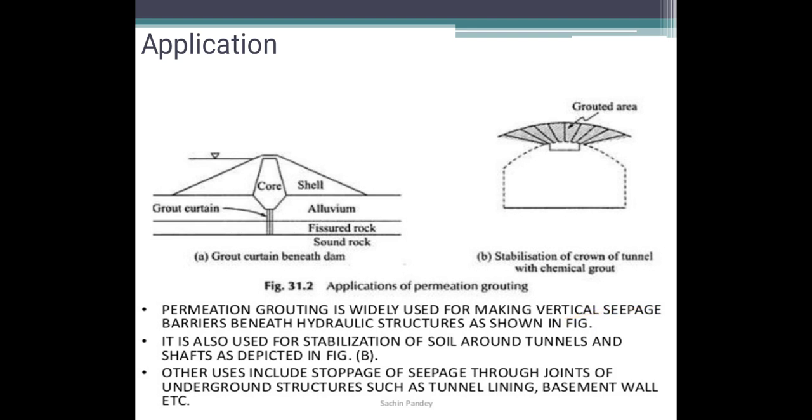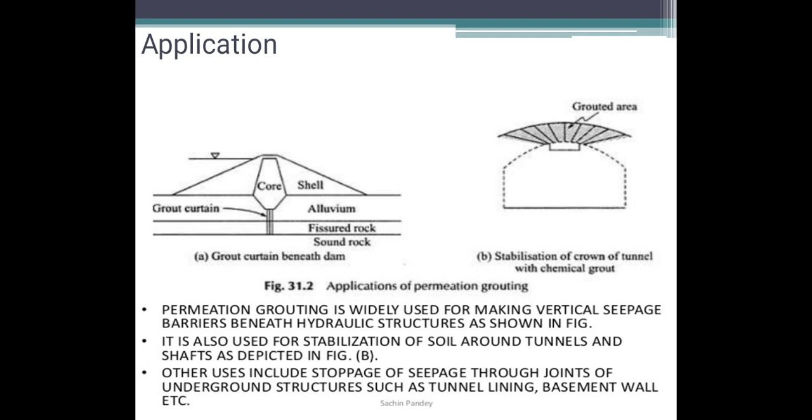Application of permeation grouting: in the first figure we have seepage control. There is a dam constructed, there is a core, and below that we can have a grout curtain, which is nothing but a seepage barrier to avoid the seepage losses. In figure B we can see that tunnel work is going on, so there may be disturbance to the topsoil, which we call the crown part.